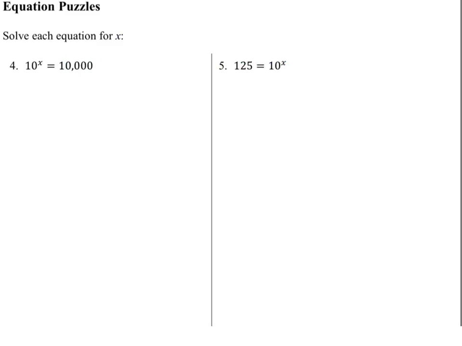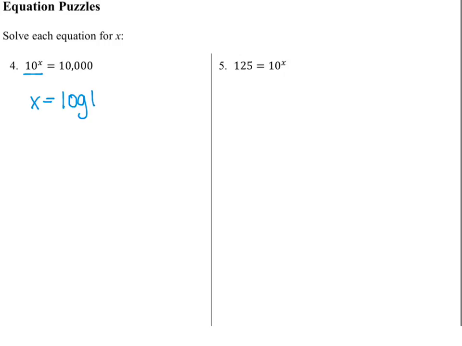So the last part of 2.5 is just practicing solving equations. So I just have ones that are exponential. So I have 10 to the x equals 1,000. First thing, make sure my exponential piece is isolated. It is, so we can move on to our second step, which is to rewrite it in log form.